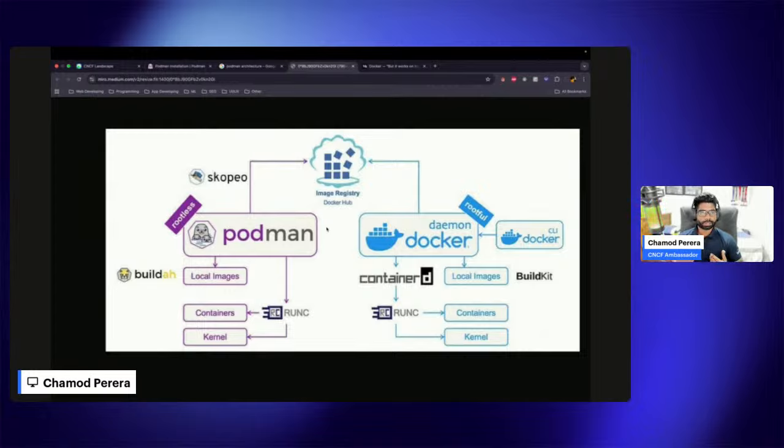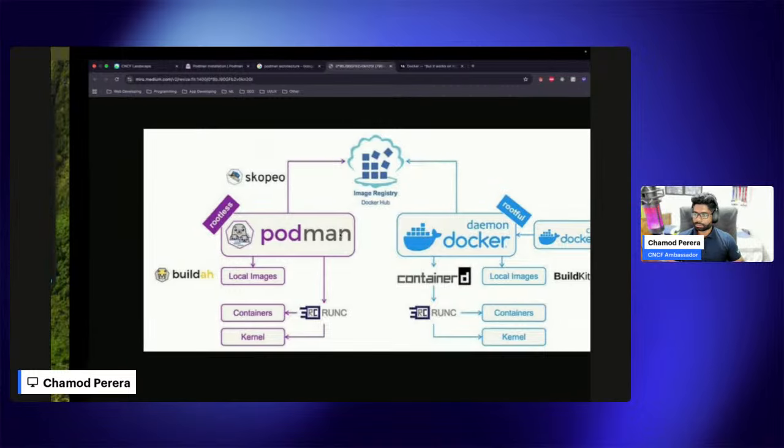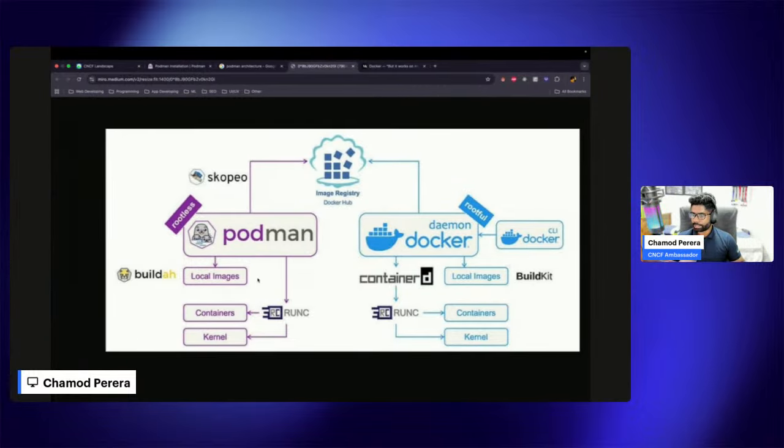As I know, when we run a container, Docker runs a Docker daemon, and on top of that the container is running. But I can see that Podman is directly executing the container on top of runc. runc is the tool that you use to run a container.